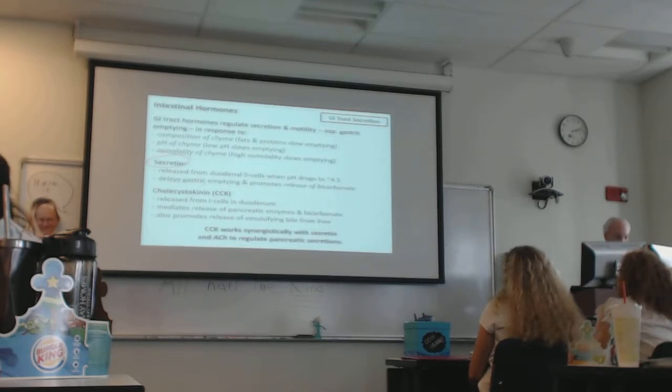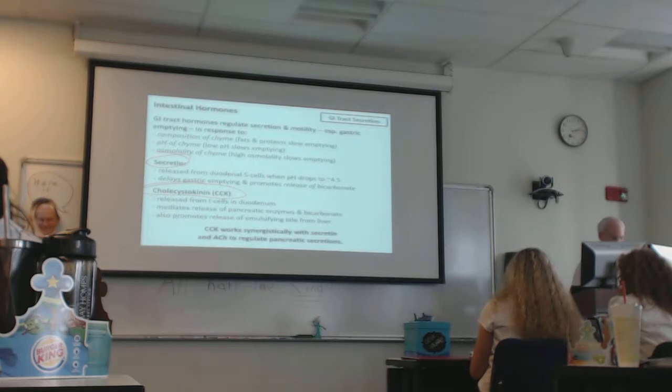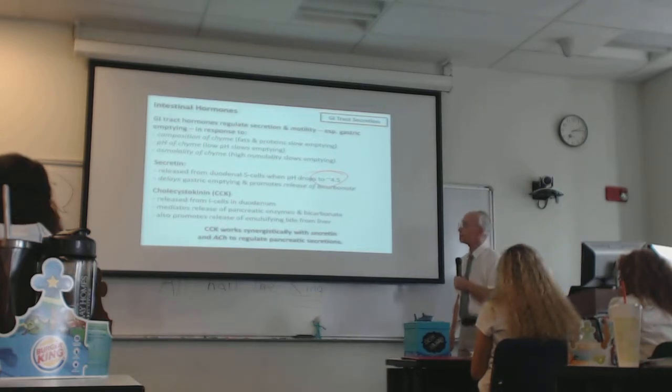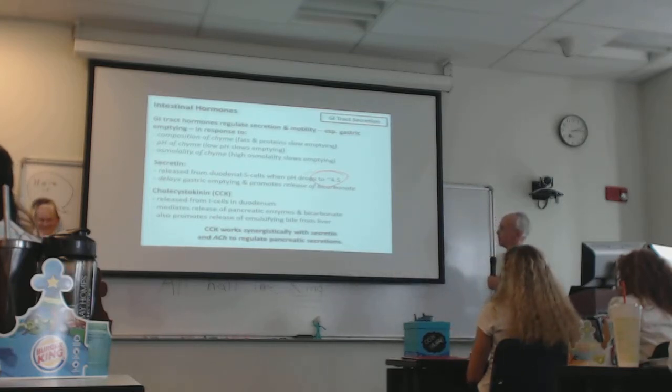Secretin and CCK are both intestinal hormones that act to delay gastric emptying. Secretin secretion levels are increased when the pH drops below about 5 or 4.5. Again, telling the stomach, hey, back off, cut it back a notch because it's getting way too acidic in here.